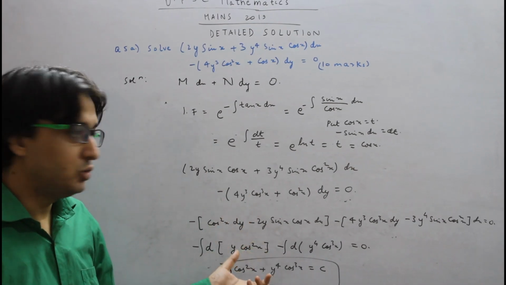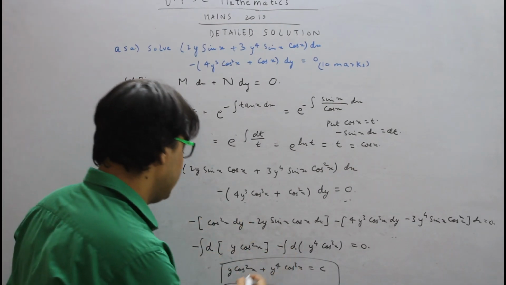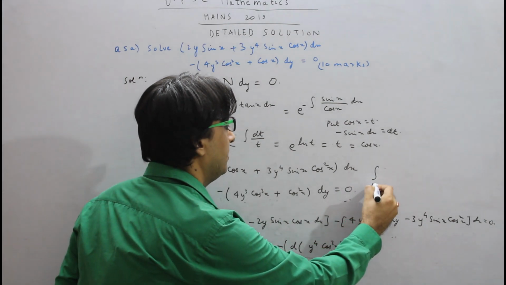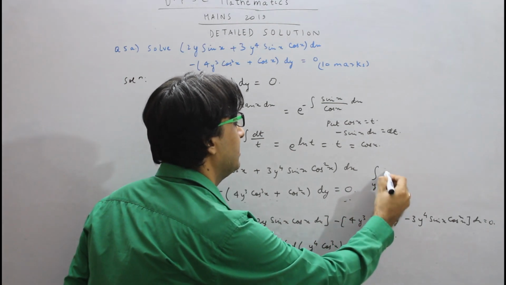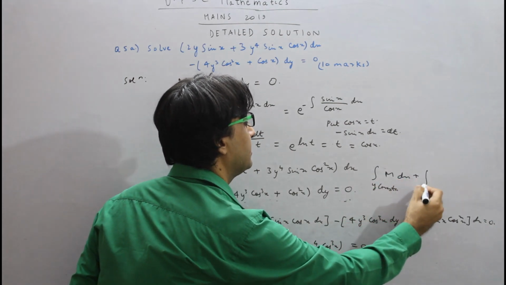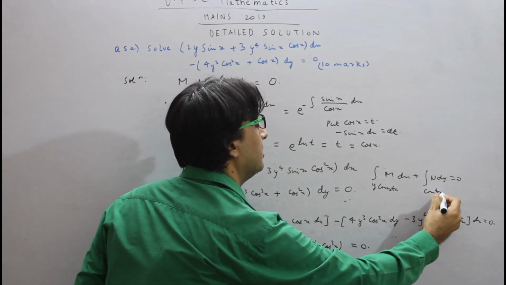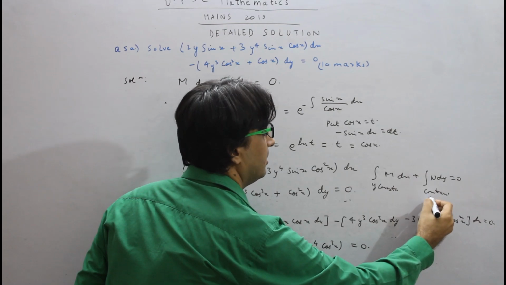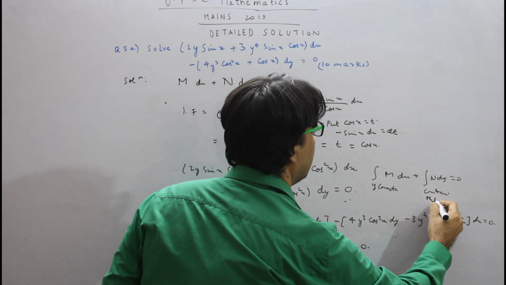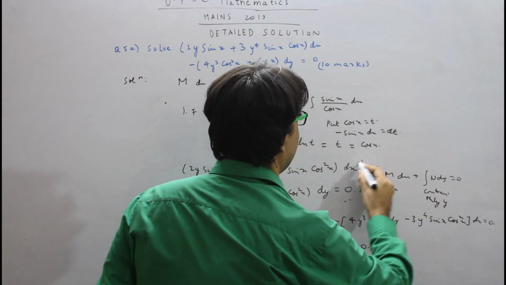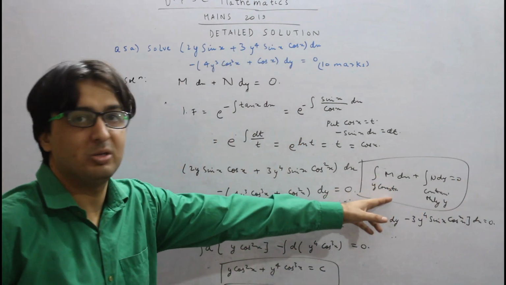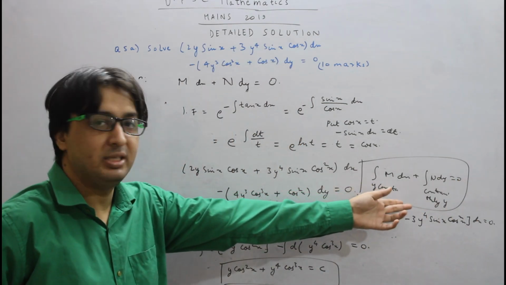I have not gone through that method called integral of M dx, keeping y as constant, plus N dy terms containing only y. This is the standard thing that is given in the book, but this can be lengthy.